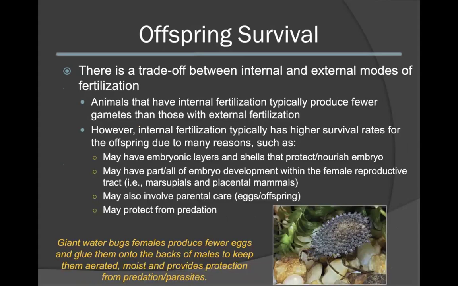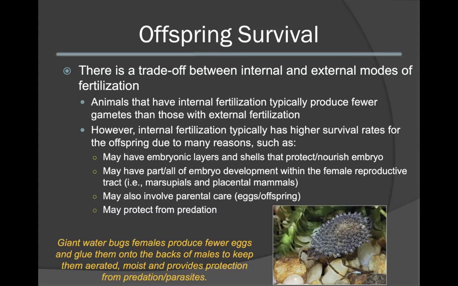When considering the difference between internal and external fertilization, there's typically an evolutionary trade-off. Animals that have internal fertilization typically produce fewer gametes than those with external fertilization. However, the trade-off is that internal fertilization typically has higher survival rates for the offspring.